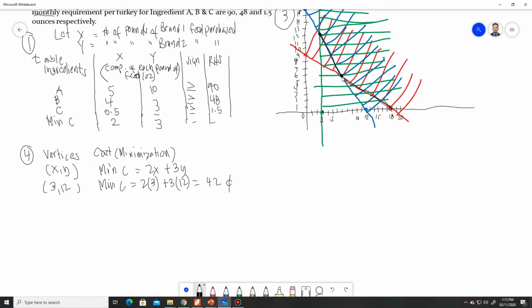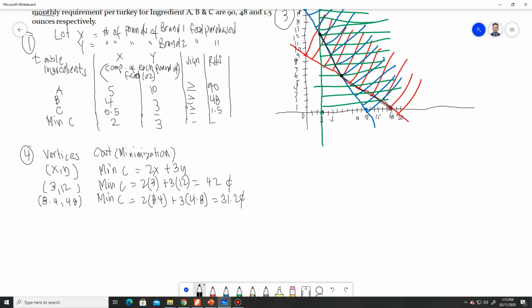In this vertex, that is 8.4 and 4.8, we substitute the values to our objective function. We get 31.2 cents per turkey.